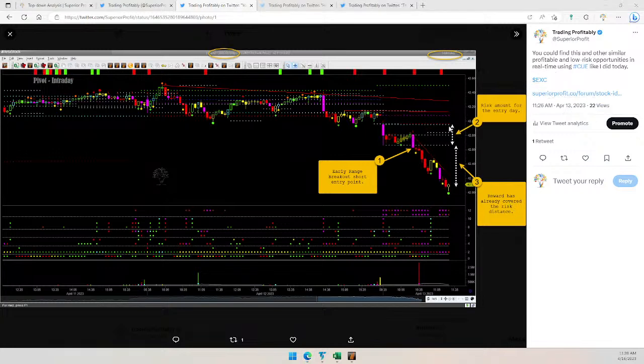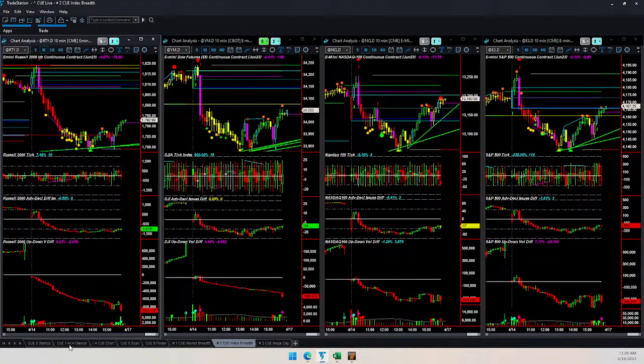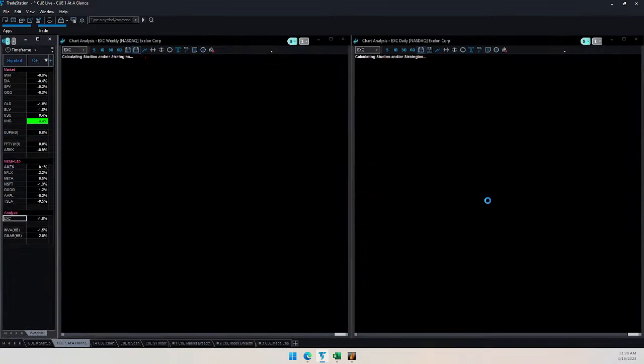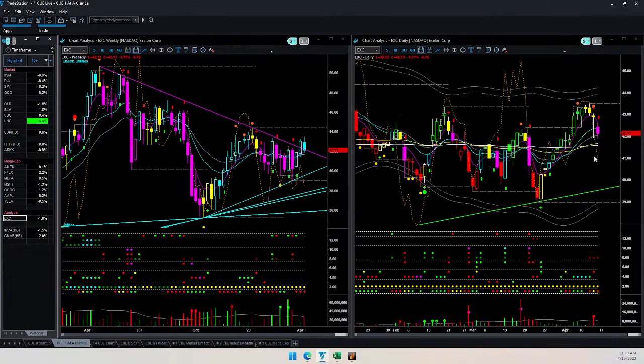And it was good that I followed the discipline of booking partial profit because EXC, and remember it's a utility stock, a defensive industry stock. The market was going up and the defensive stock was going down. Those were in sync. So I took that trade using real-time charts and it went up sharply into the close.